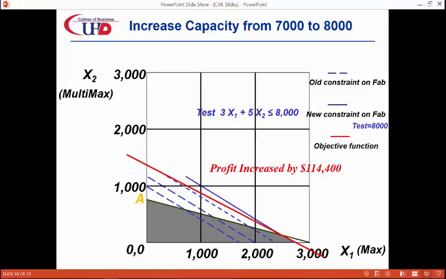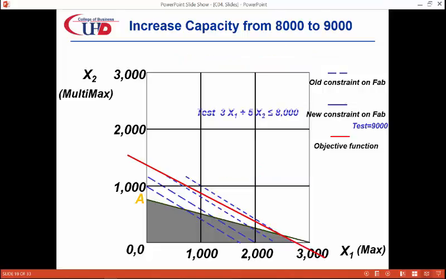We can calculate the new optimal solution and find out that the optimal profit is increased by another $114 and $400. So we can claim profit is increasing by the same shadow price of $114.40 per testing hour if it is increasing from 5,000 hours to 8,000 hours.